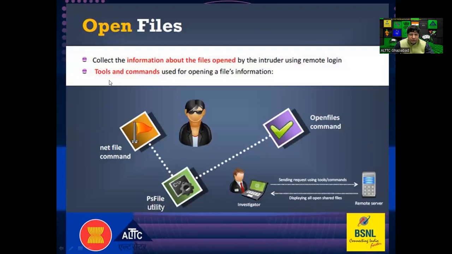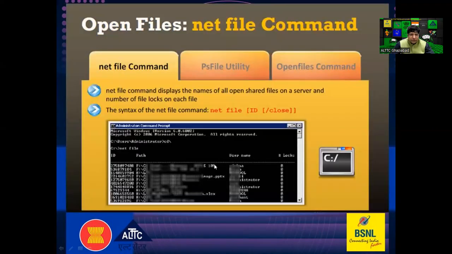Tools and commands used for open file information are the net file command, the PsFile utility, and the openfiles command. With these, an investigator can remotely check the server, send a request via the tool, and it displays all the open shared files. The net file command displays the names of all open shared files on a server and the number of file locks on each file.